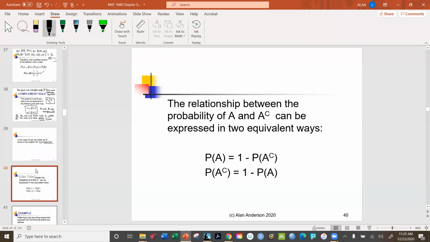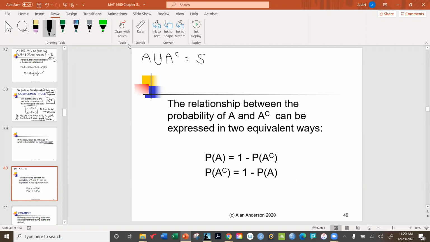All right, so now what I'm going to do is show you why this is happening. By definition, the union of A and its own complement is the entire sample space, because we know already by definition that they must add up.